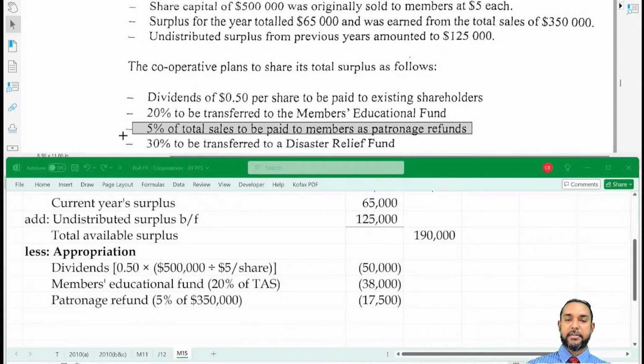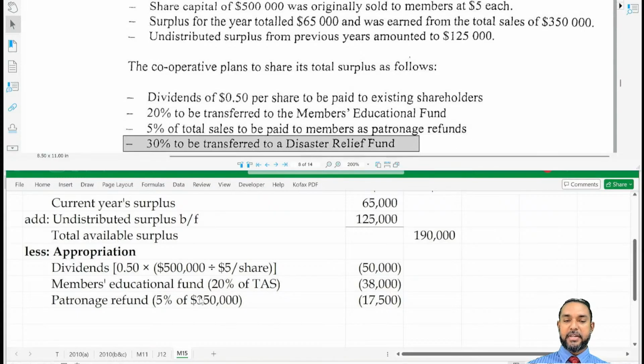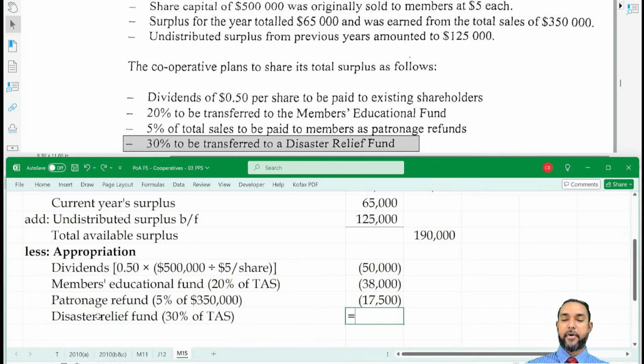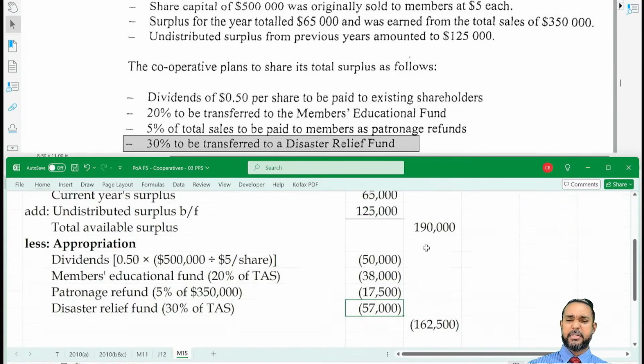The last thing is that 30% to be transferred to a disaster relief fund. So that's 30% of, again, total available surplus. Okay, add up all those. You have 162.5, which means you've probably got 27.5 left.